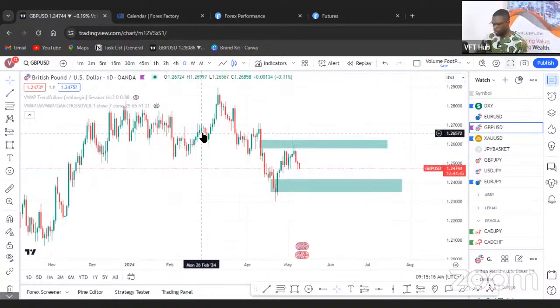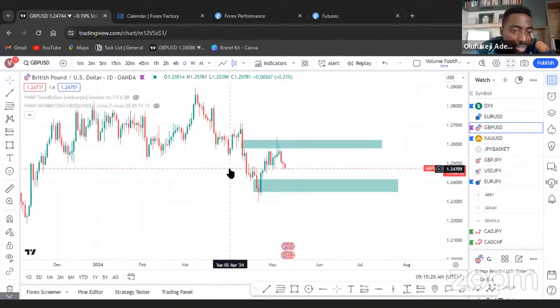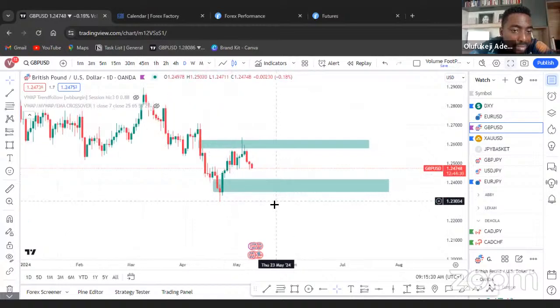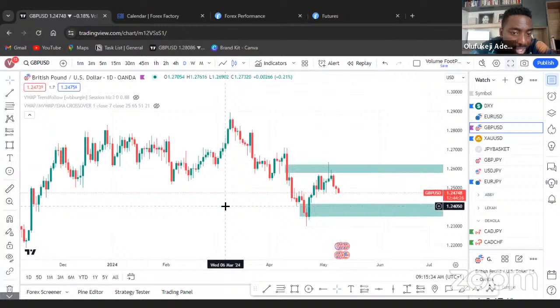Okay, it's on daily. It's clearly bearish. There's a fair value gap that was formed between the day before yesterday till now with diagonal liquidity. That's the fair value gap. That's the diagonal liquidity. And check it out on the 4-hour.